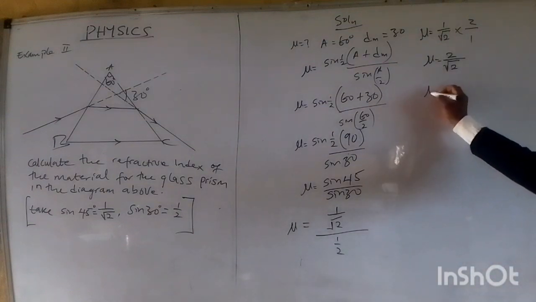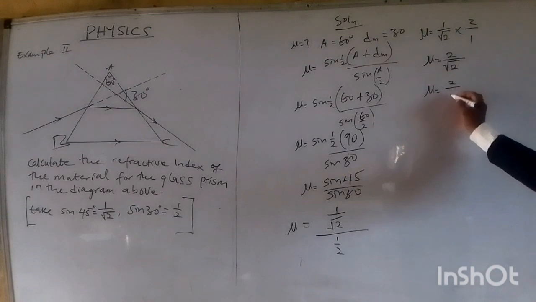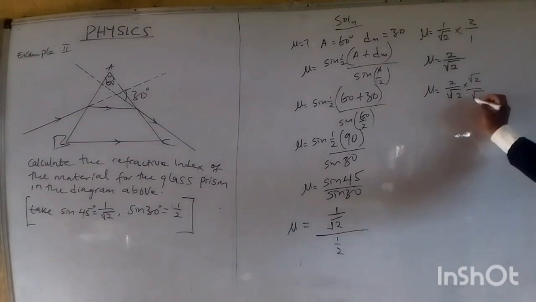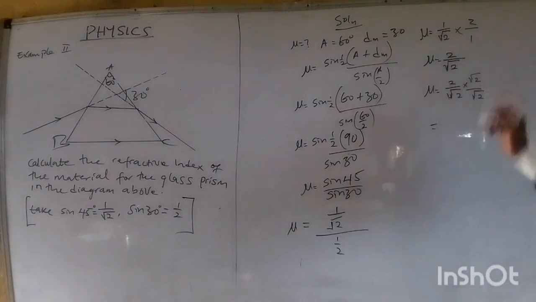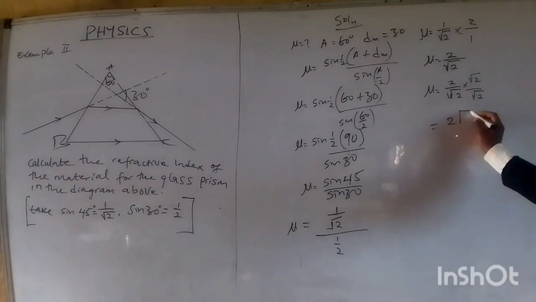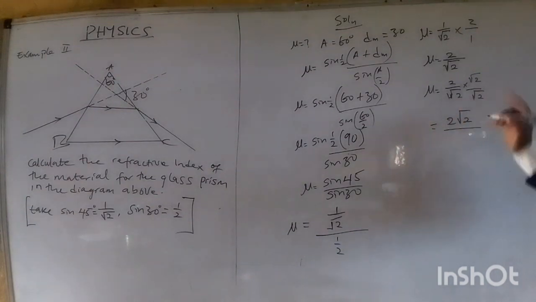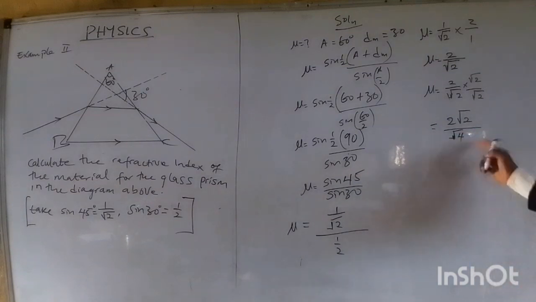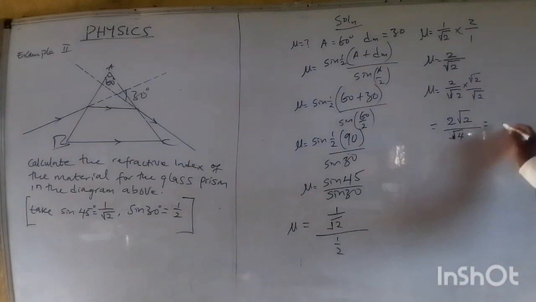Which will give us that mu is equal to 2 over root 2 times root 2, so we'll now have 2 times root 2 giving us 2 root 2 all over root 2 times root 2, which gives us square root of 4. And of course, 4 is a perfect square, so root 4 will give us 2.